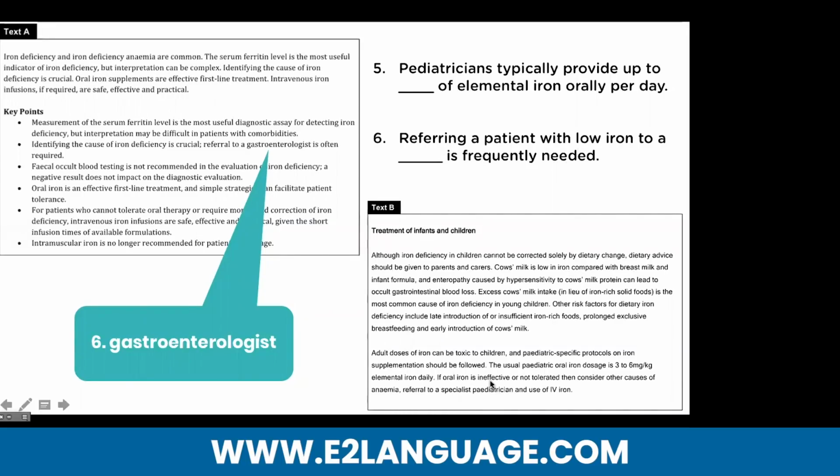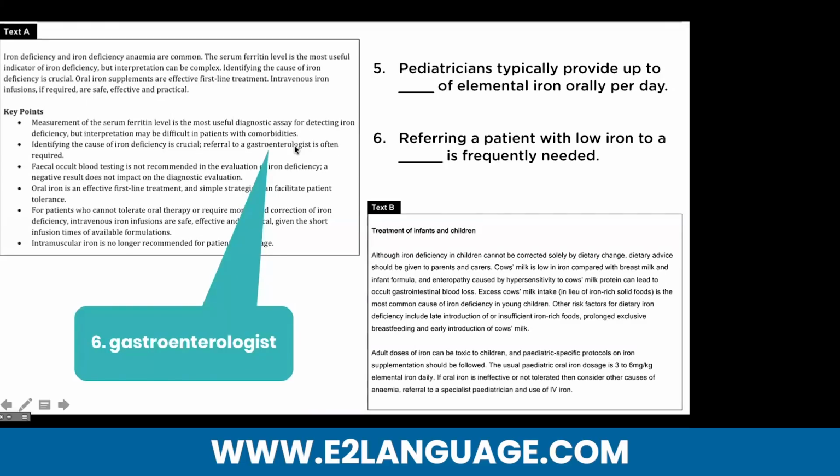Down here it says, if oral iron is ineffective or not tolerated, then consider other causes of anemia, referral to a specialist pediatrician, and use of IV iron. That's got nothing to do with frequency. Over here, this could fit. This word is perfect, it'll fit the gap really nicely. You refer to a specialist pediatrician, but it's just wrong. Here it says identifying the cause of iron deficiency is crucial.